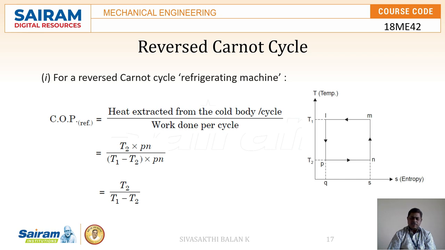PN is common to both numerator and denominator, and we can remove that, and the remaining is T2 divided by T1 minus T2.